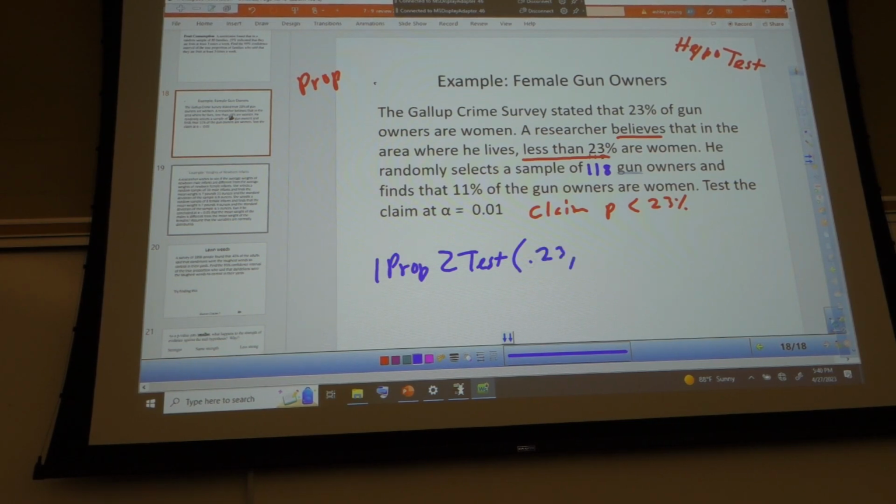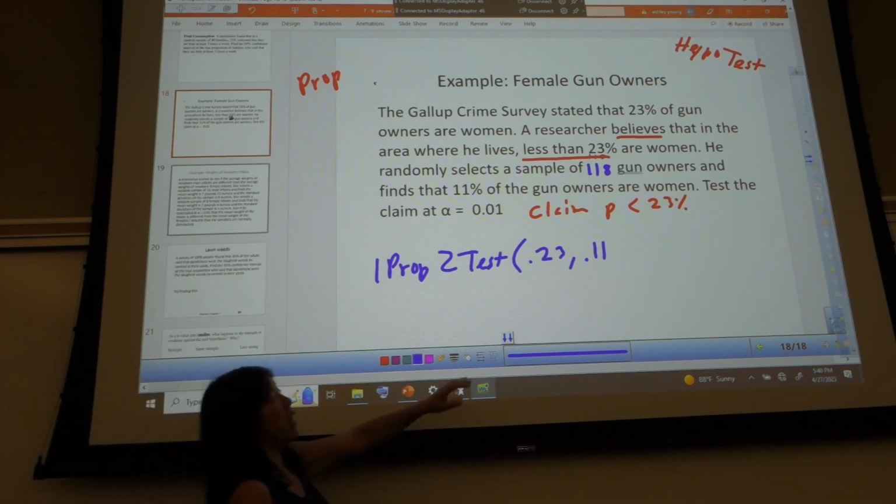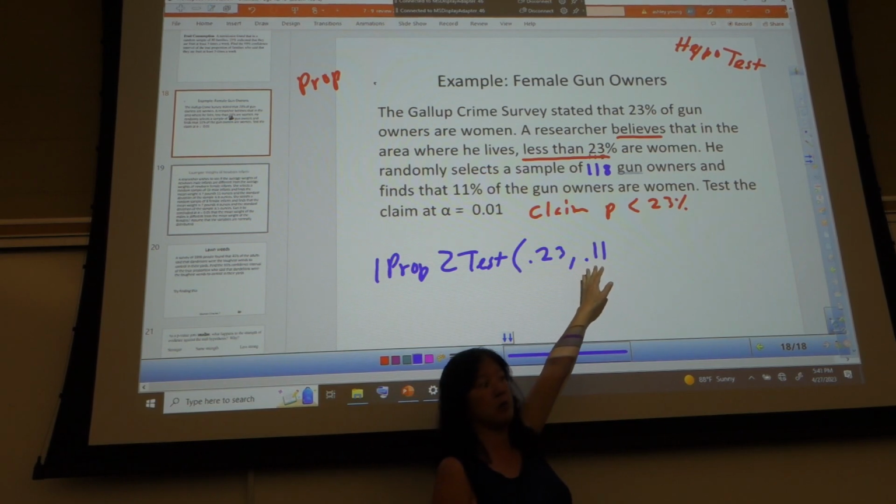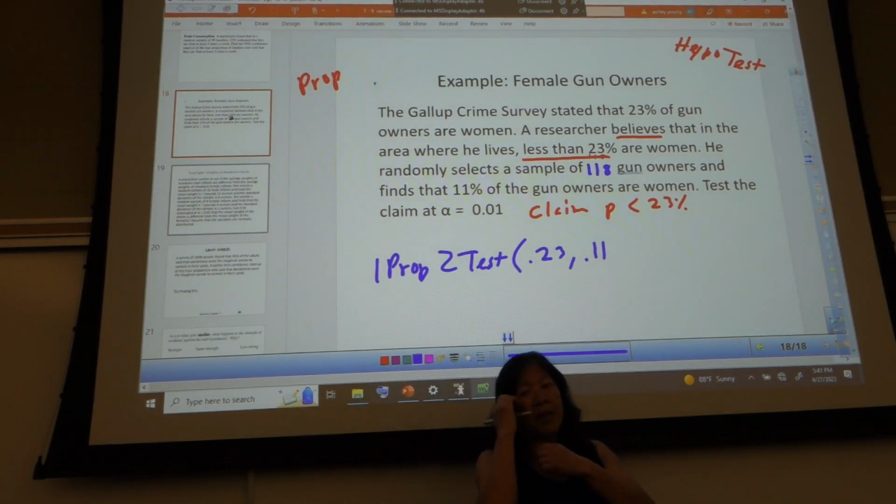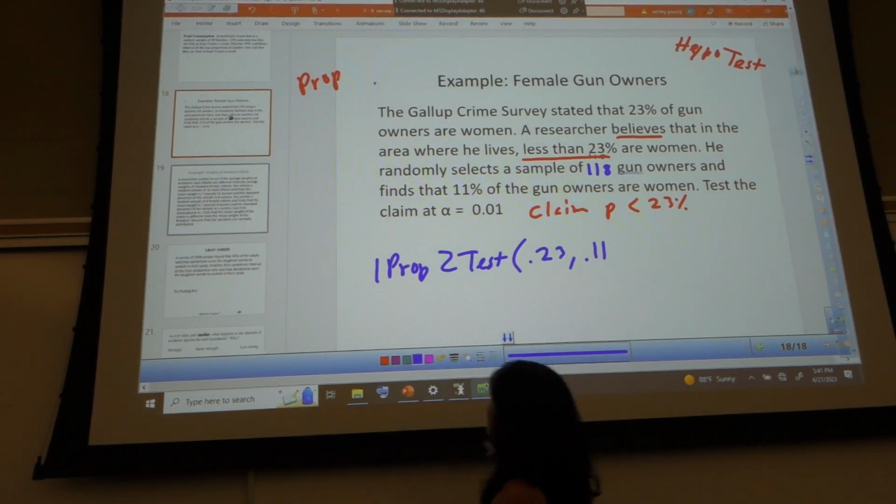And then they want x. If anybody put in 0.11, you're going to get an error, because how do you get 0.11 of a person? That's not even a whole person. You cannot ask 0.11 of a person. You have to figure out how many people this is.